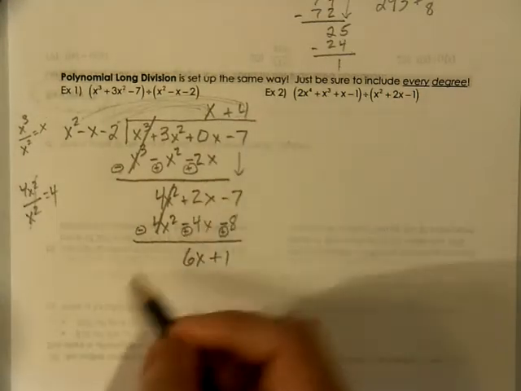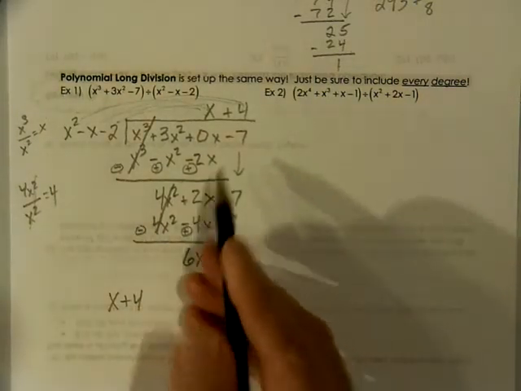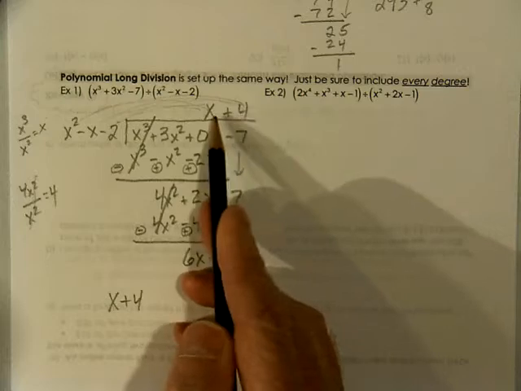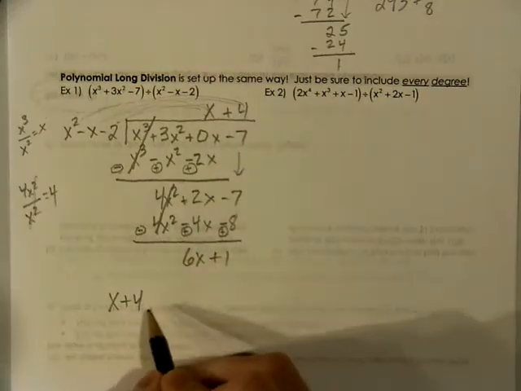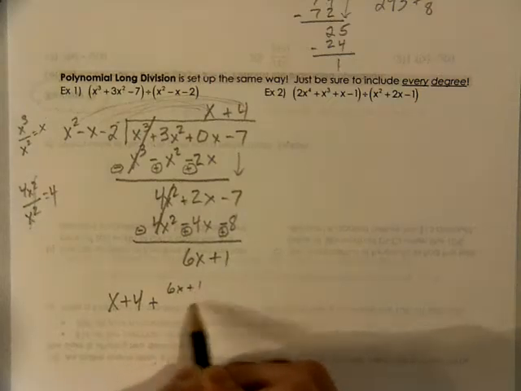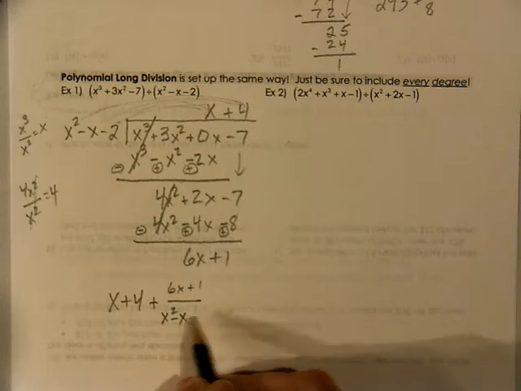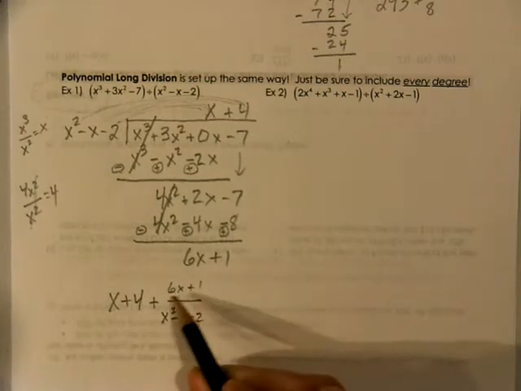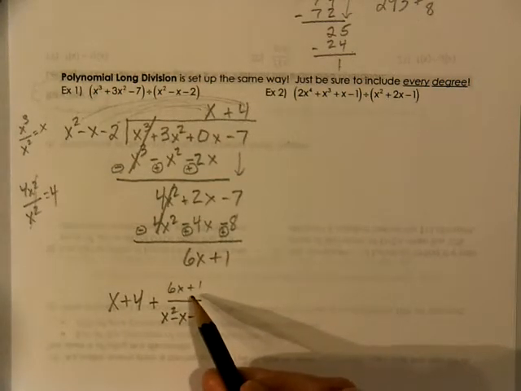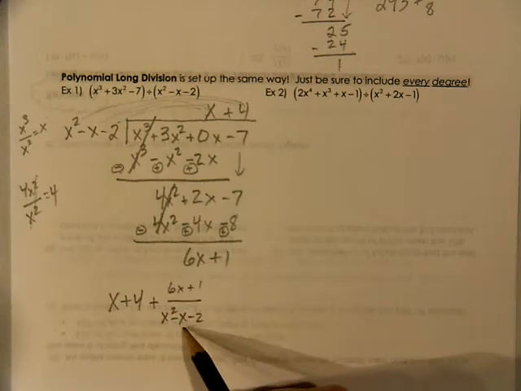So our quotient, our final answer is x plus 4 and 6x plus 1 divided by x squared minus x minus 2. So the remainder goes on top of the fraction. The x squared minus x minus 2 goes on the bottom.